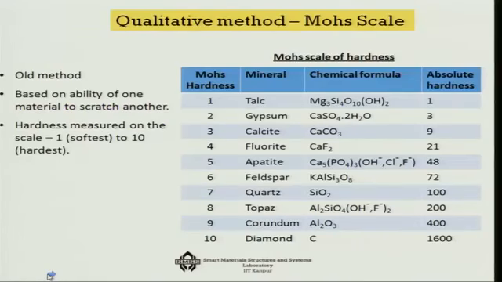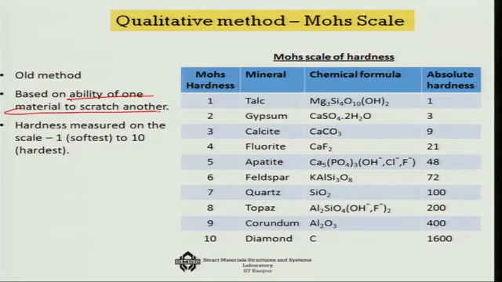Now, hardness in an initial stage used to be found out through a very qualitative method, which was mostly used by geologists, and that is based on the ability of one material to scratch another.